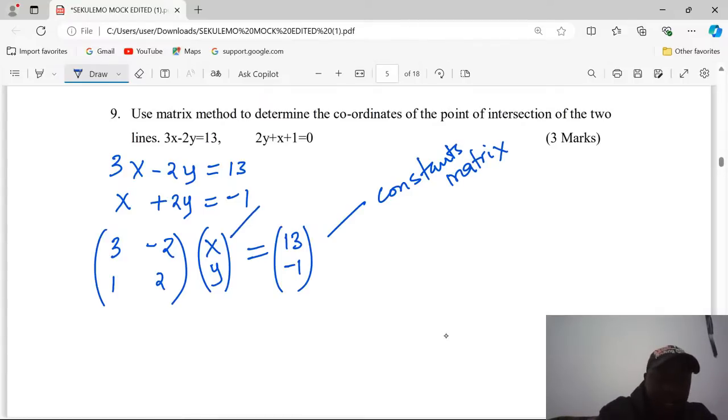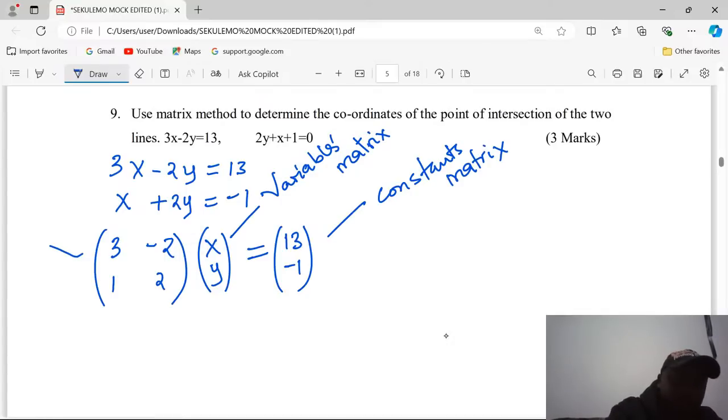This is called the variables matrix, and then we have the coefficients matrix.